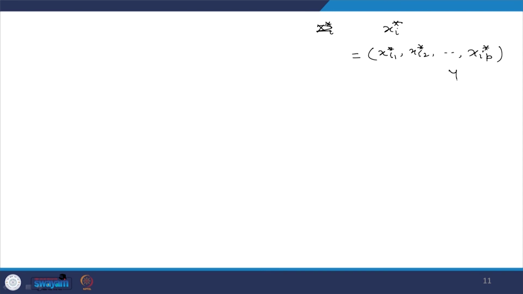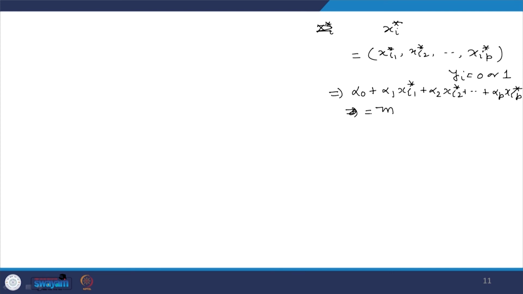For this you do not know y i, whether it is 0 or 1. So, what you will do? Because now you know the alphas, you will calculate alpha naught plus alpha 1 x i1 star plus alpha 2 x i2 star plus up to alpha p x ip star. From here you will get some value. Let us say this value equals m.